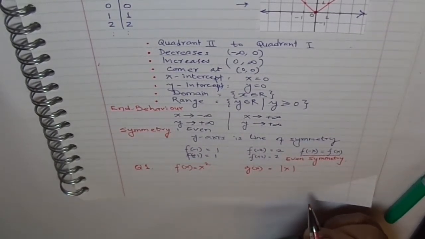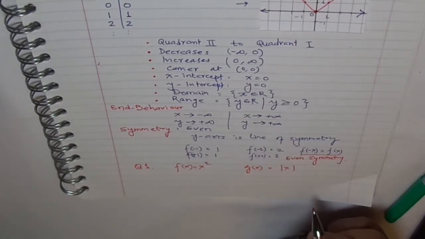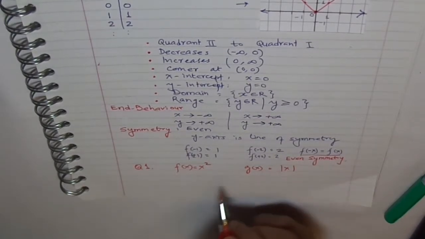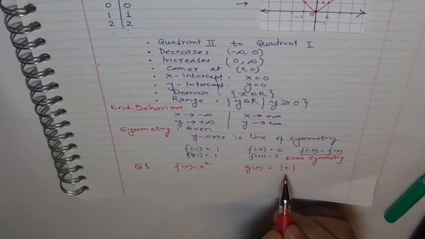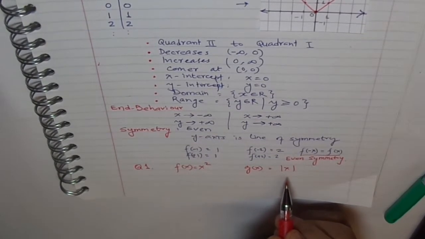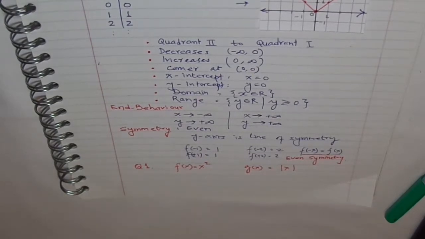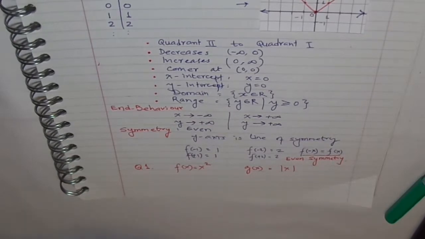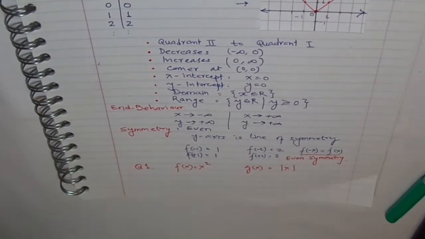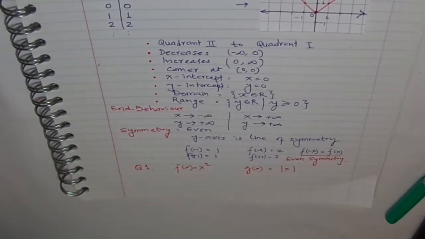Can you list just 3 properties where x squared and the absolute function differ? Think about it and then put it down. I think you should, because we have covered those 3 properties in today's lecture also. Okay? Fine. So, go through it and try to understand the absolute function.